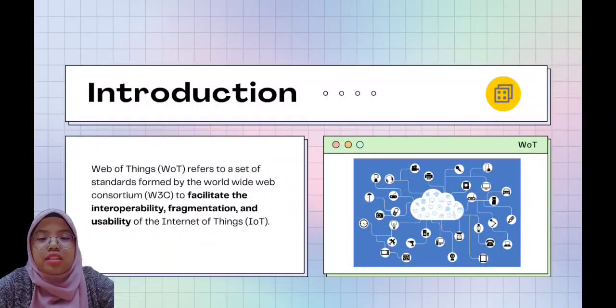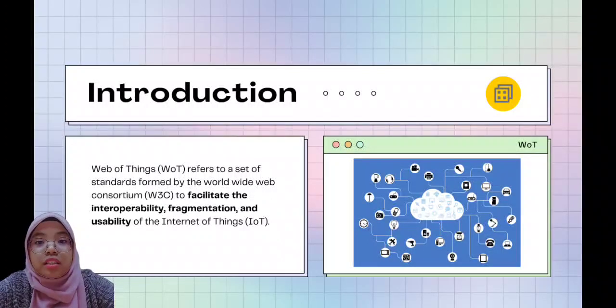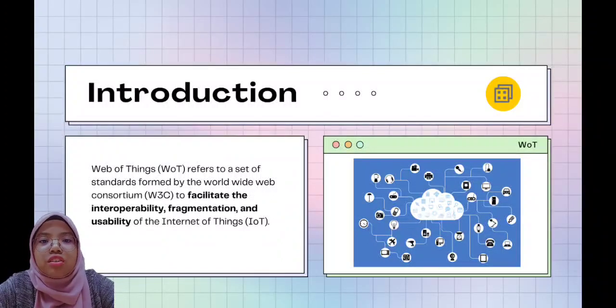In other words, it is a subset of the Internet of Things, built around software standards such as REST, HTTP, and URIs to allow devices to interact with one another. So that means the things are connected and controlled via the WWW, which is the World Wide Web.